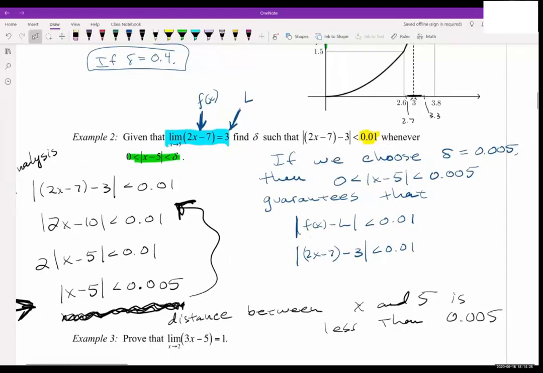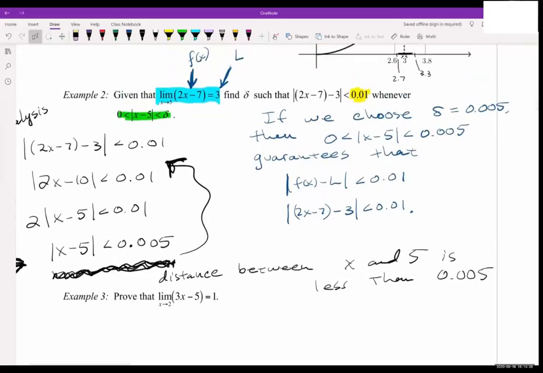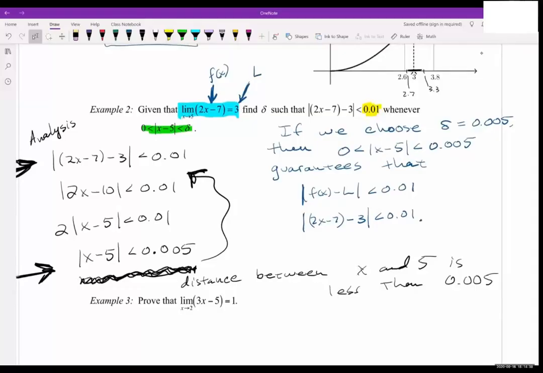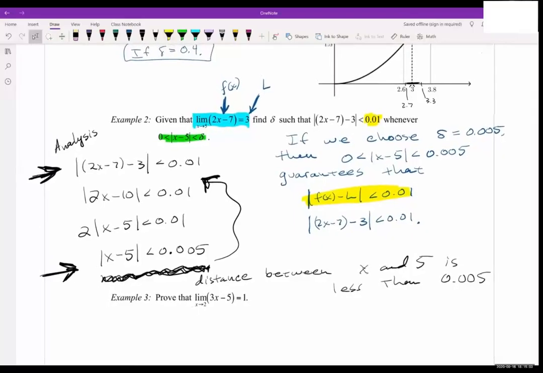So what the statement in blue is basically saying, as long as we pick delta to be 0.005, looking at the analysis that we did, all that algebra, we see that that's equivalent to saying that the distance between, I'm going to do it in yellow because this was the yellow region, the little epsilon region that we saw on the y-axis. As long as we pick delta to be 0.005, then we're guaranteed that the yellow distance is going to be within 0.01. Okay?